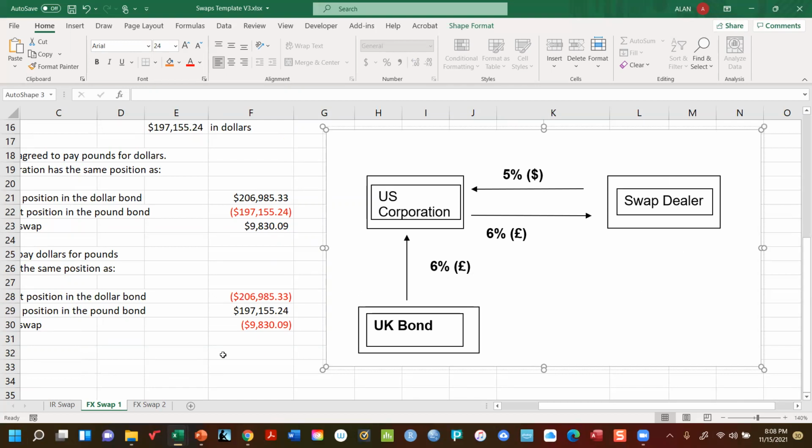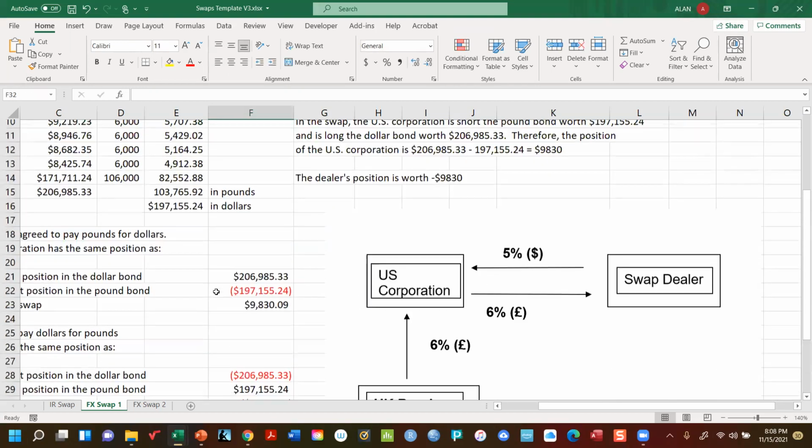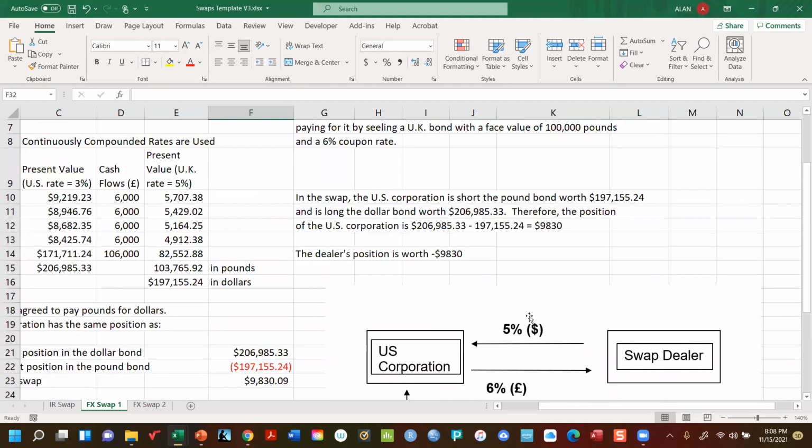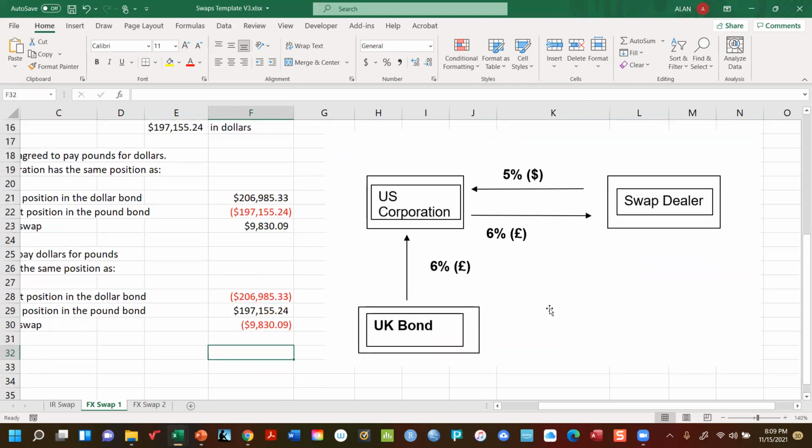All right, so in the swap, the US is paying pounds, which means that we would have sold the pound bond. We're receiving dollars, which means we own the dollar bond. Okay, now we're all set.